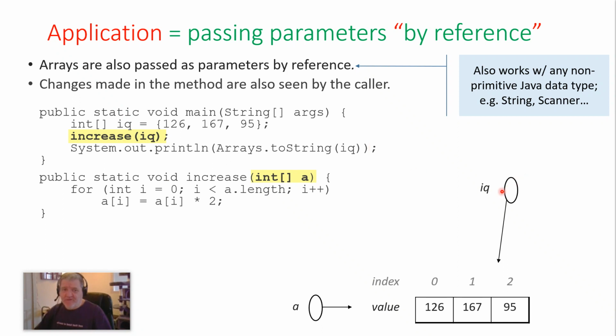So whatever was inside of IQ is inside of A as well, which means both of them refer to the same object at the same address, okay? And now because I can access this array with the reference variable A inside the method, I use that alias to go inside the array and multiply everything inside of it by 2. So I change the values inside the array.